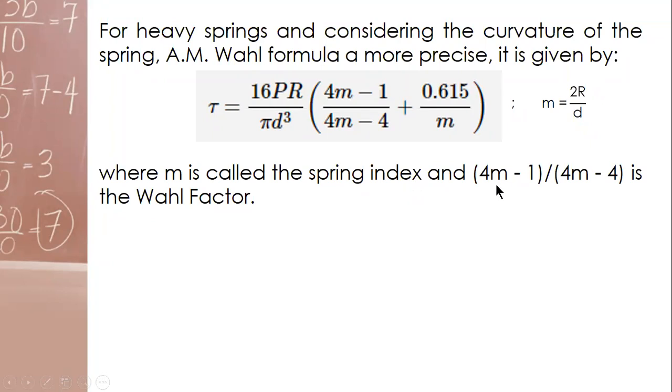The ratio 4m minus 1 over 4m minus 4 is called the Wahl factor. It is empirical, because it has decimals, an empirical formula.